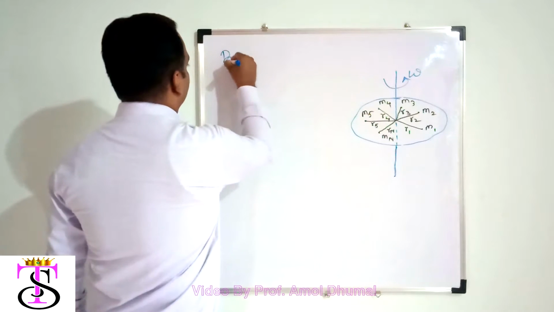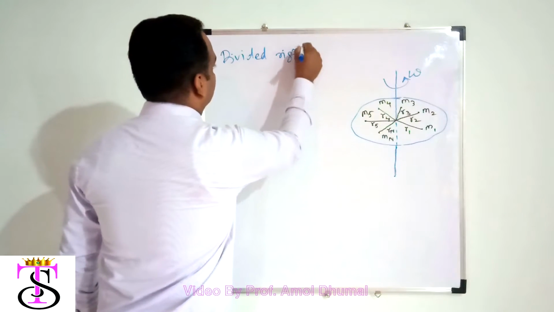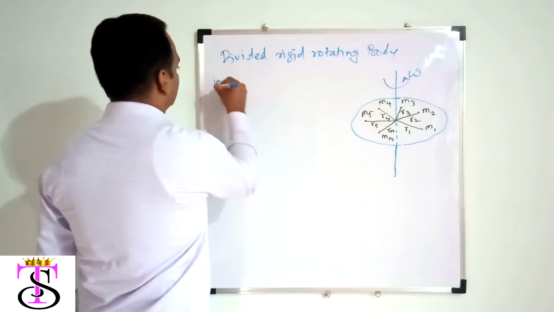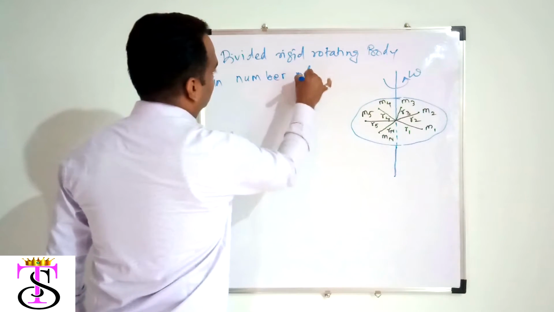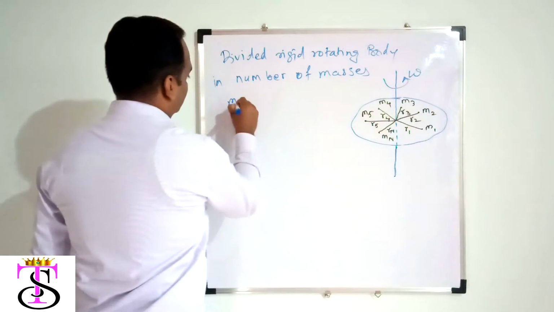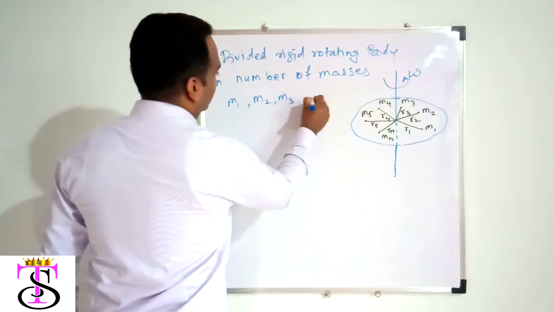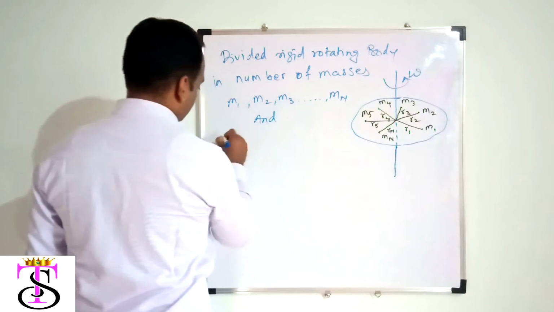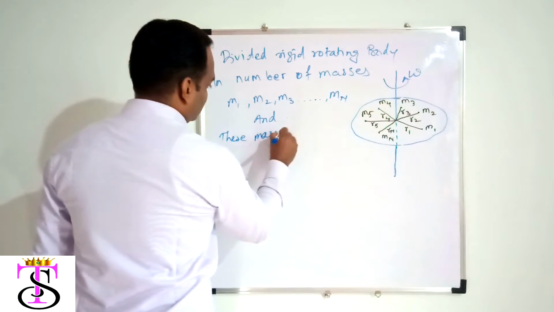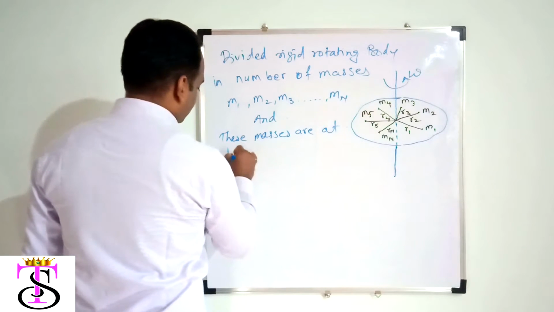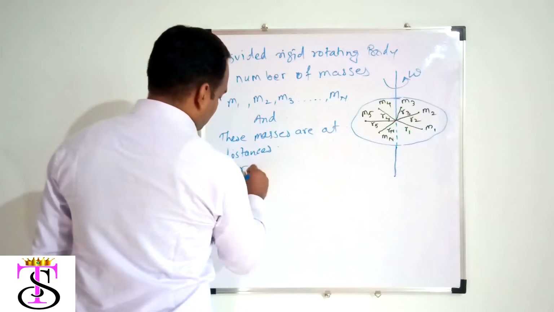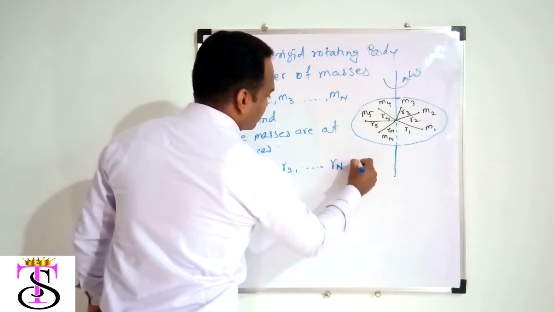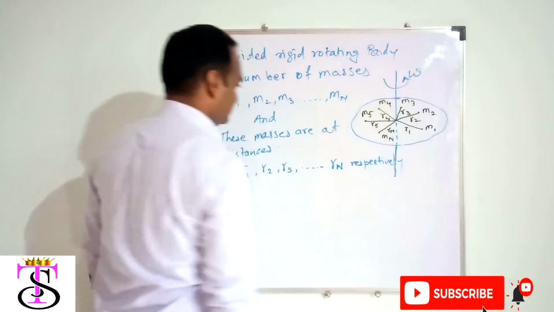So we have divided the rigid rotating body into a number of masses as m1, m2, m3 up to mn, and these masses are at distances r1, r2, r3 up to rn respectively, right?